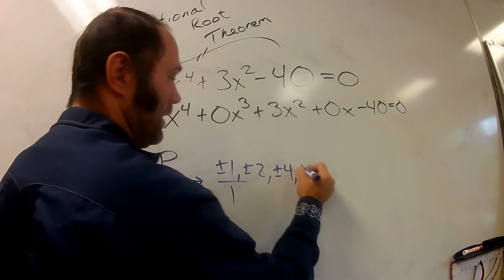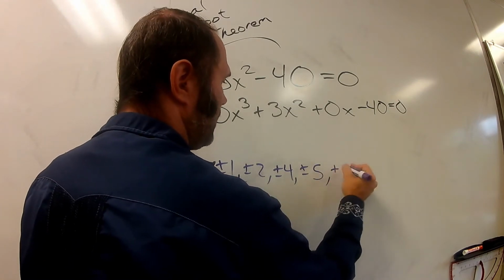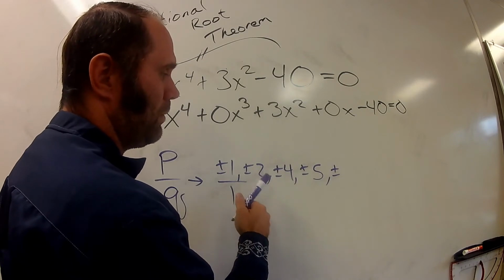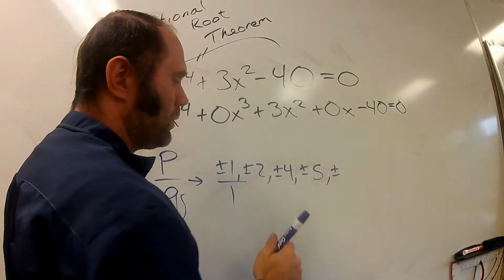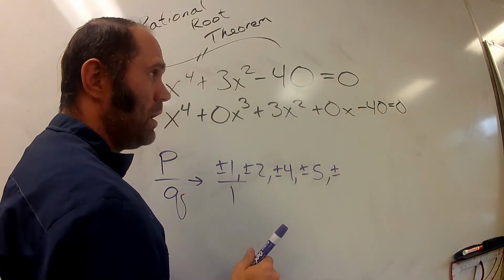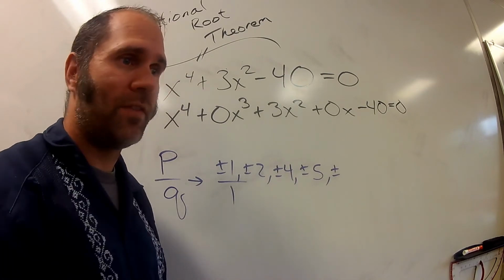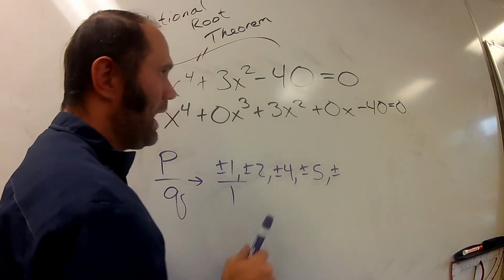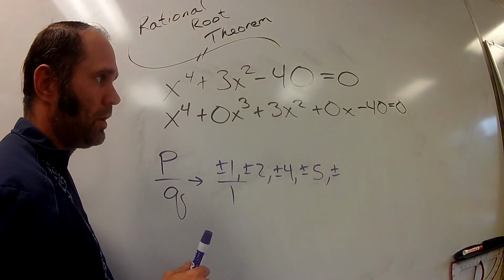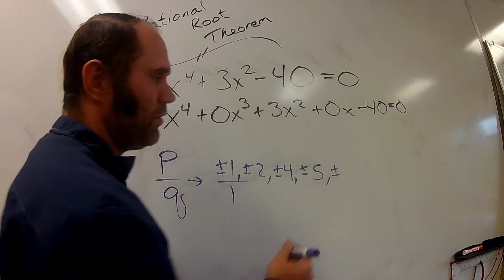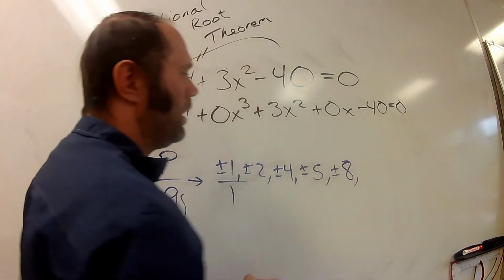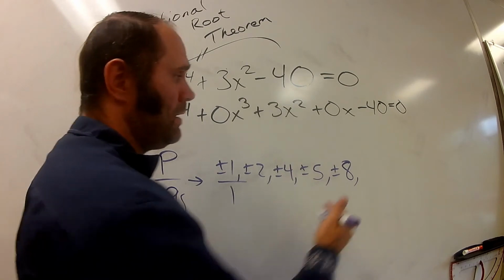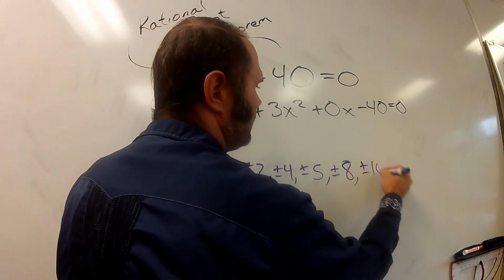Plus or minus 5. Plus or minus 6 does not work because 6 is a factor with 3 in it. So 3 didn't work, so 6 won't. 7 times 5 is 35, and then the next is 42, so 7 doesn't work. 8 might work, 8 times 5 is 40, so 8 does work. 9 does not work because it's got a 3 in it. 10 definitely works, plus or minus 10.